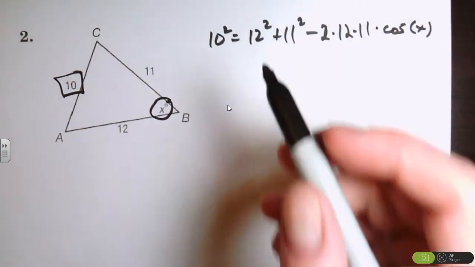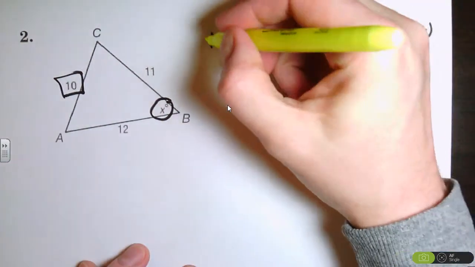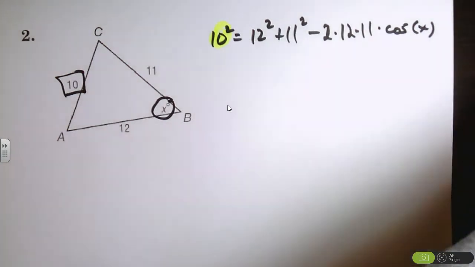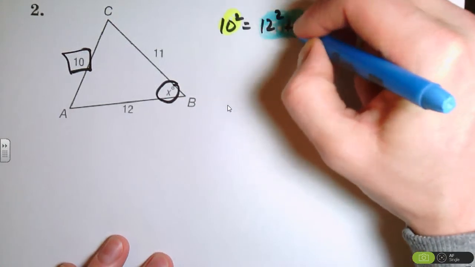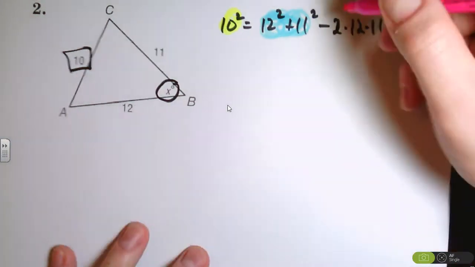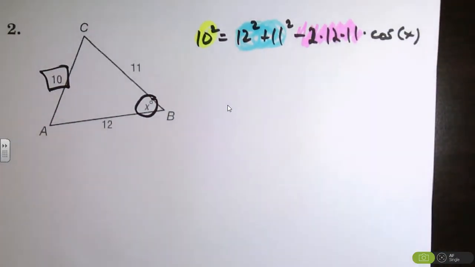Now the difficult part comes into play that I have to do a lot of this stuff separately. So I have to do this part by itself. I need to do this part by itself. And then I need to do this part by itself. Okay, all that has to come separately. So 10 squared is 100.